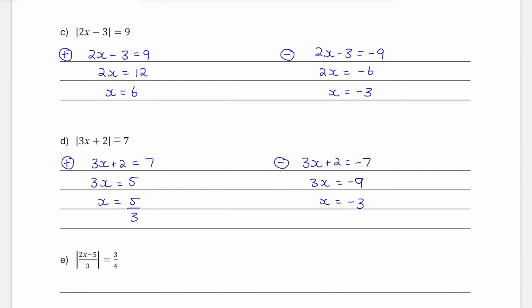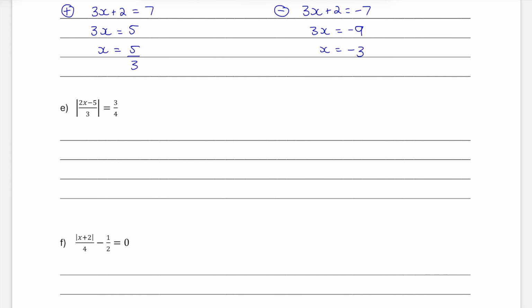Now with something like E, I have a fraction, however the process is still the same. Notice that my absolute value is on the left and everything else is on the right. When I have a positive solution, it'll just be 2x minus 5 over 3 equal to positive 3 over 4.